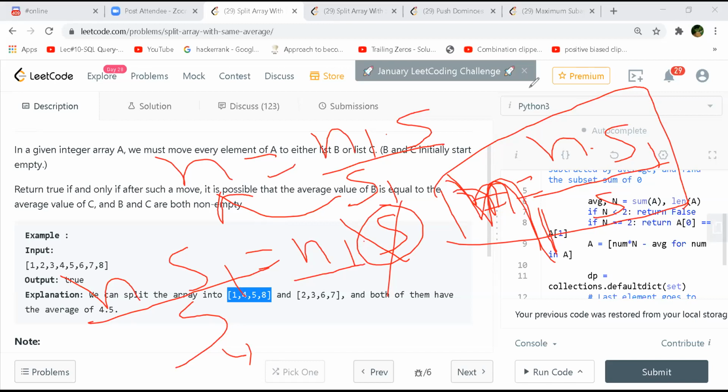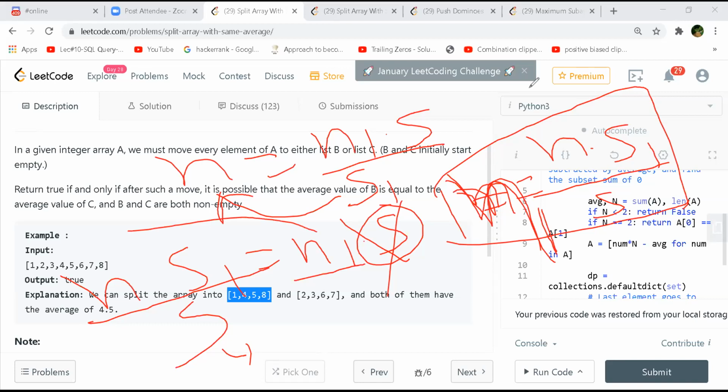If you divide this array into two parts, maybe 4, 5, 1, 4, 5, 8 as the first array, and I say N1 is equal to 4, then S1 of that array will be something like 18. Then 36 divided by 9 is equal to 18 divided by 4. That is what it is trying to prove.